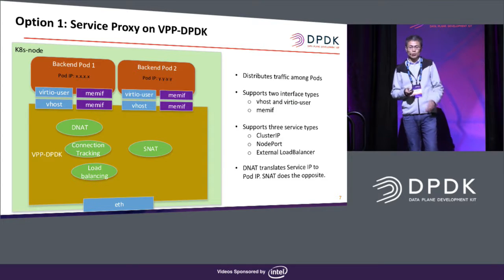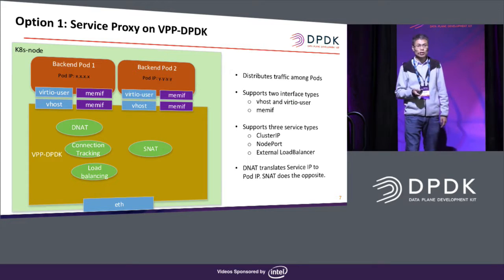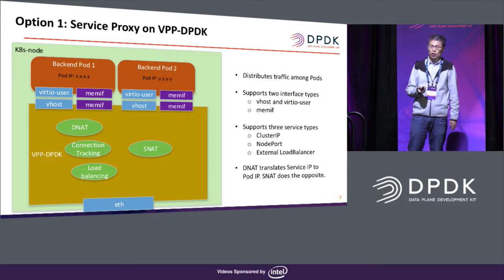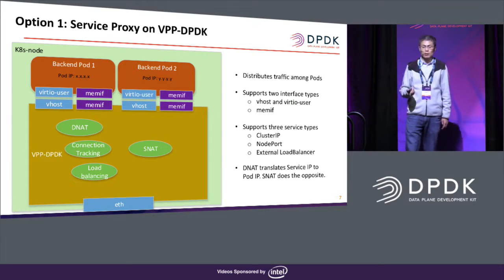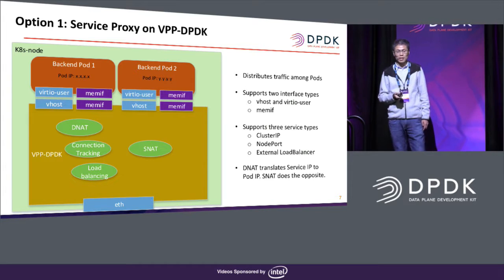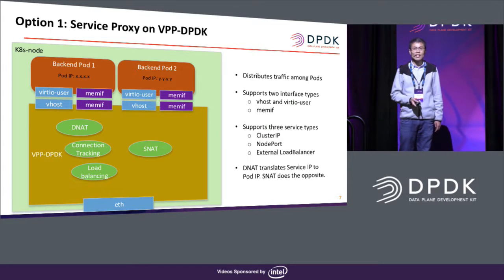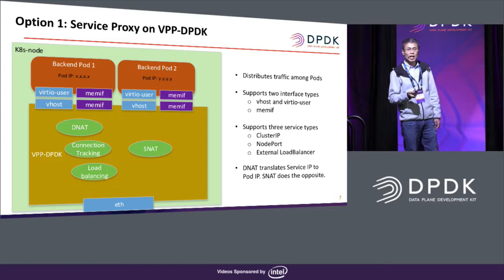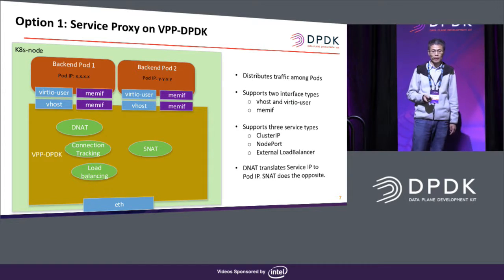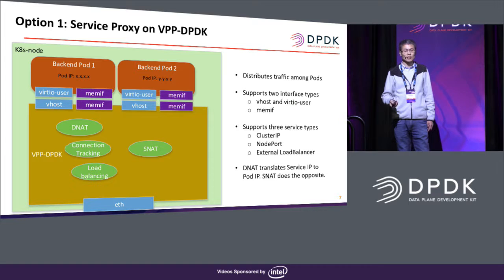Now we can support 3 different service types, which are required by Kubernetes. One is the cluster IP and port. The second one is node IP and node port. The third one is external load balancer. So for DNAT, it can translate the service IP to the port IP, and SNAT translates the port IP to the service IP.